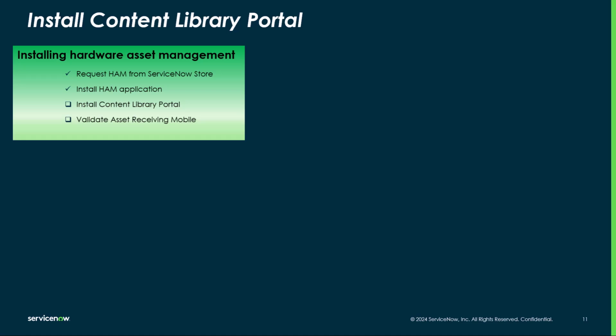So perhaps you need to look up all the different models for a Lenovo T14 or something like that, and you can see all the different model numbers associated with that product, etc. Or potentially you want to look at some lifecycle information for that specific model, and that's what you're going to use the Content Library Portal for.